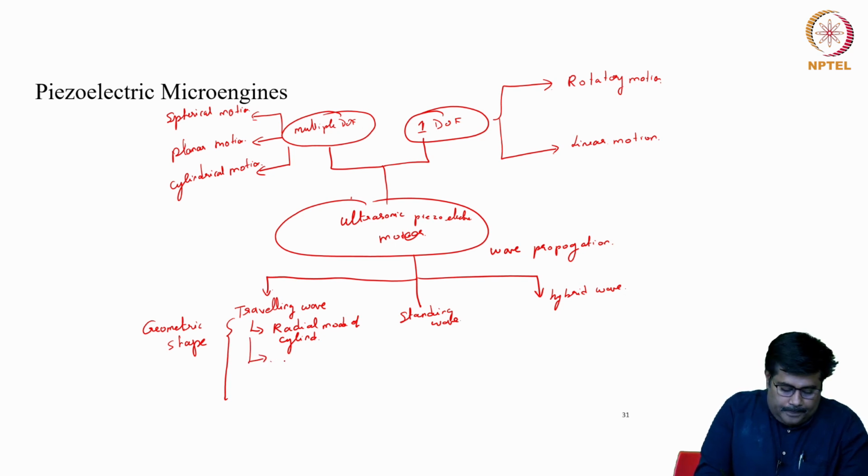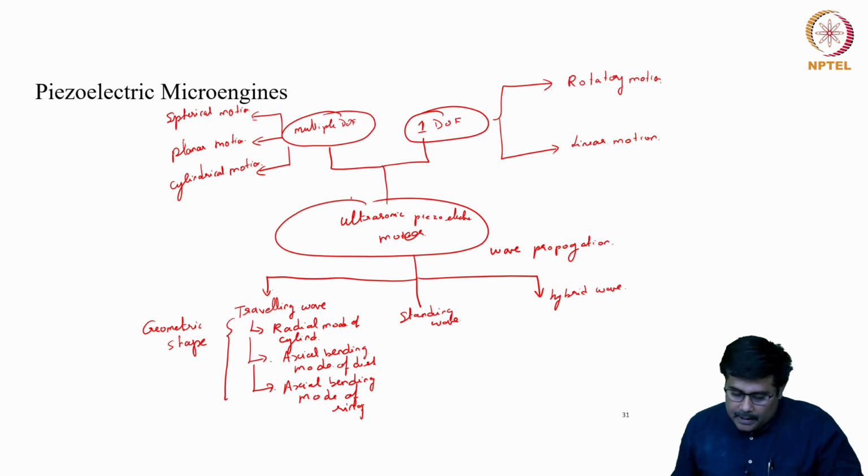Then we have the axial bending mode of disc and the axial bending mode of ring shape.